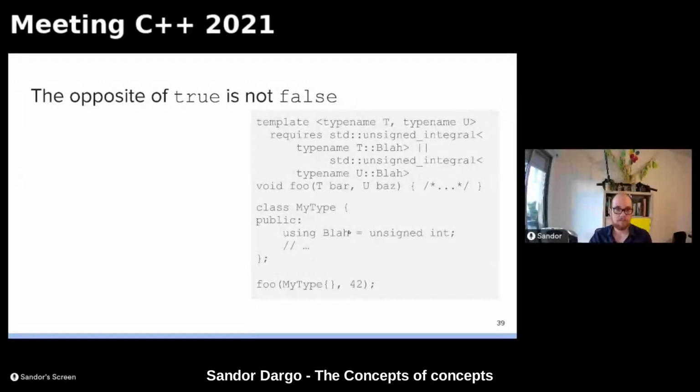And then, okay, we just have a class here where we alias this unsigned int with the name blah, so we can satisfy the requirement.